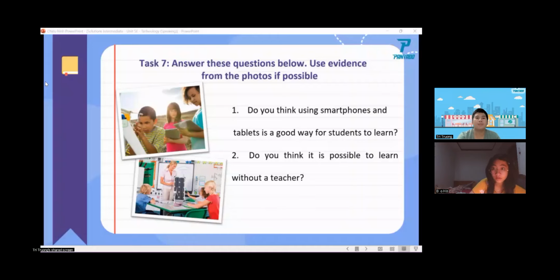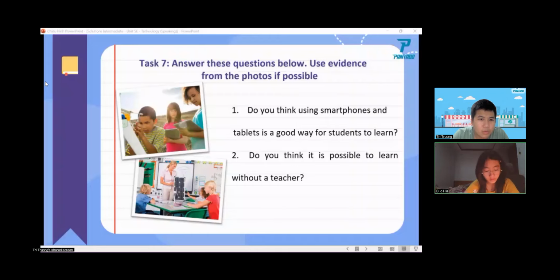Okay, thumbs up. So, please start your speaking. I think this is impossible to learn without a teacher because a teacher plays an important role in explaining, answering questions, and grading students.